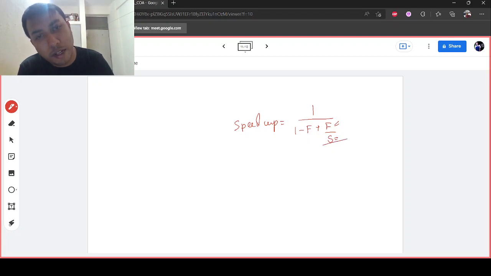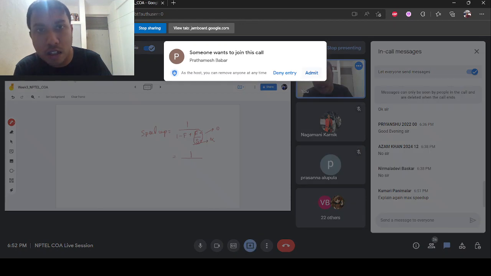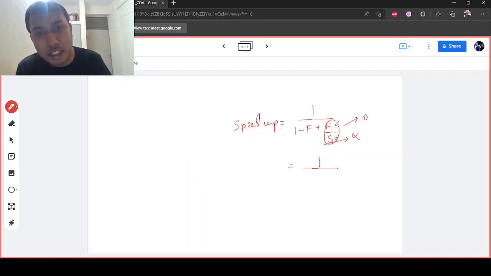Suppose I'm able to enhance it to infinity, so this part will tend to 0. That means the execution time of that part is negligible. In that case, the maximum speedup that is possible is 1 by (1 minus f).